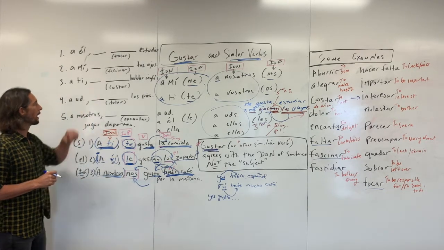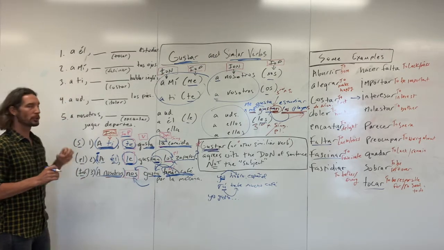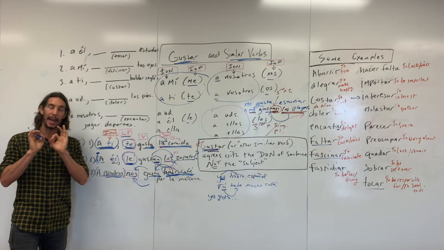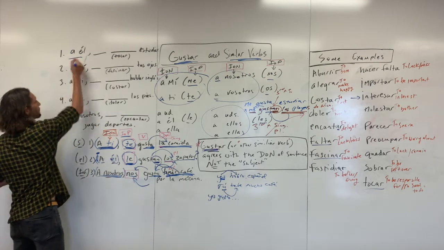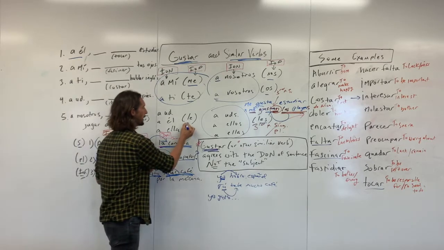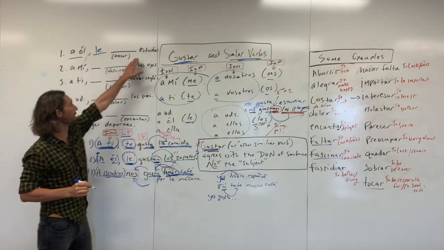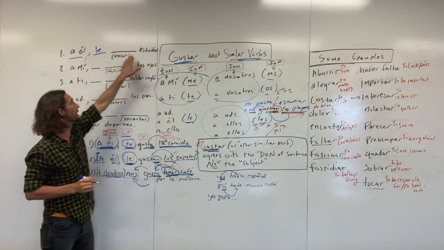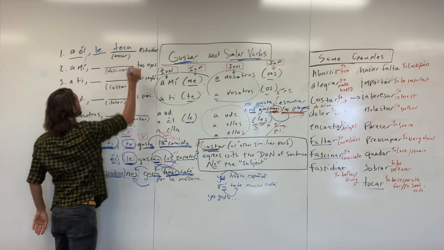And so for the rest of us, we're going to go ahead and get started. A él, right? So that's telling you what the noun is. So what's its corresponding pronoun? The corresponding pronoun to a él would be le. So we would put le here. And then we have an infinitive, and so that means this needs to be third person singular. So, toca.